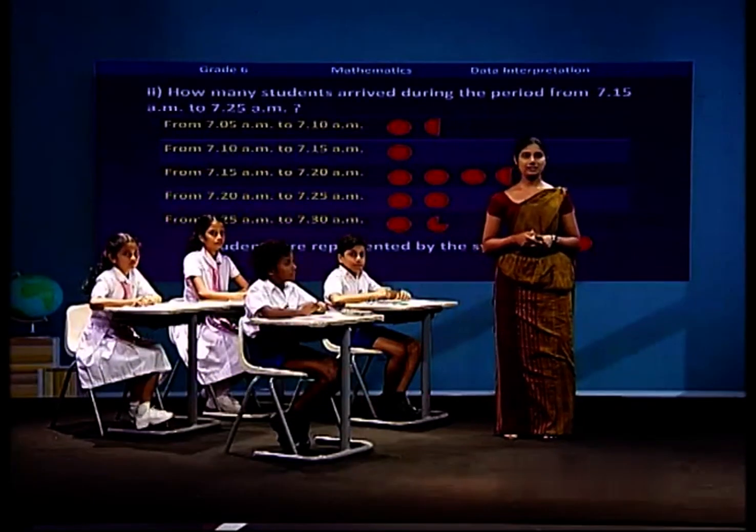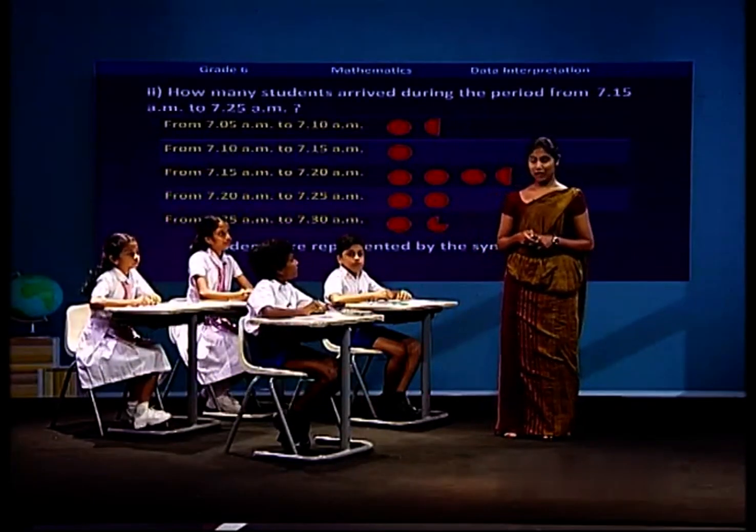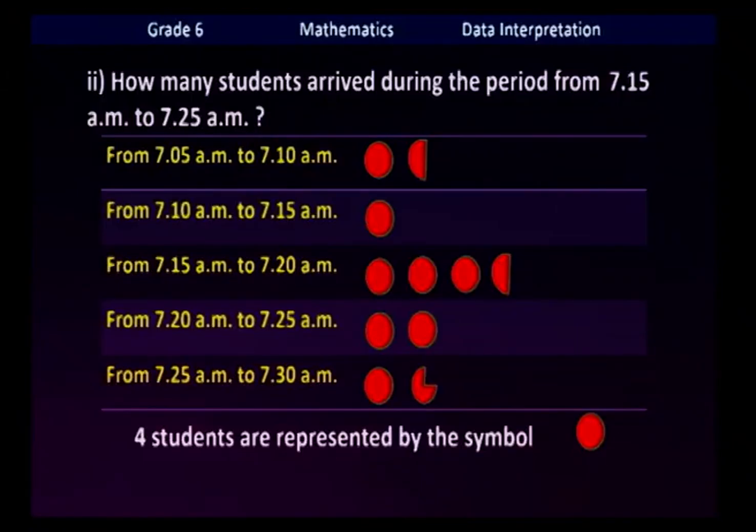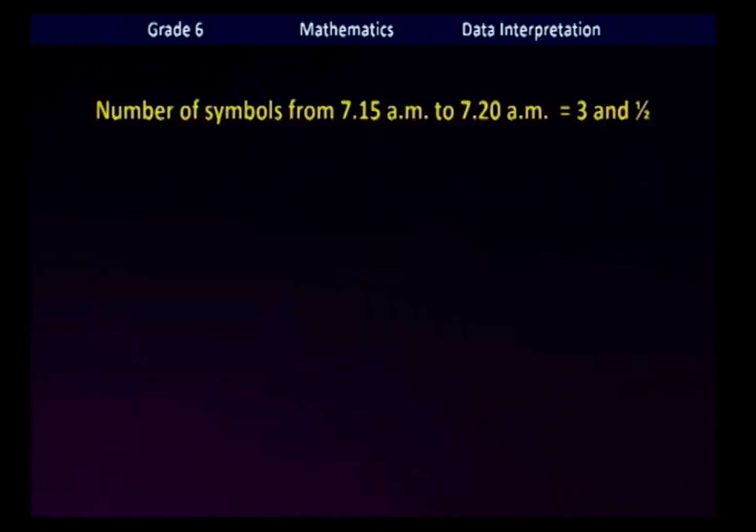Count it again. 3.5. Then 7:20 to 7:25, 2 symbols. Then you have to add those 2 rows. That is 5.5. Okay, we'll see how to get the answer.